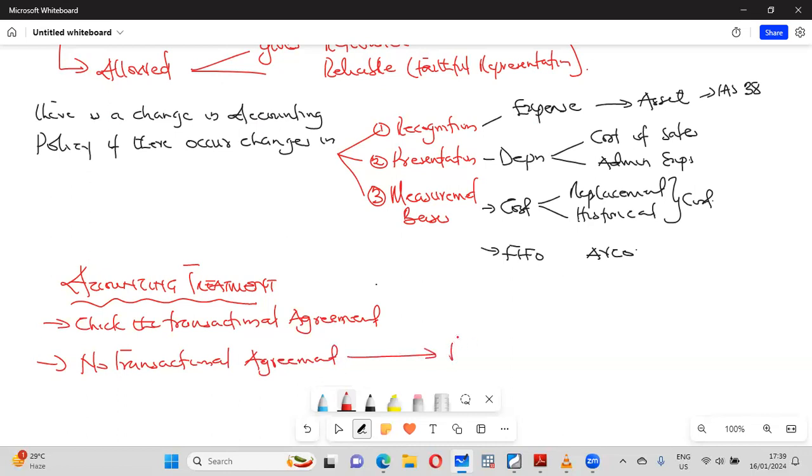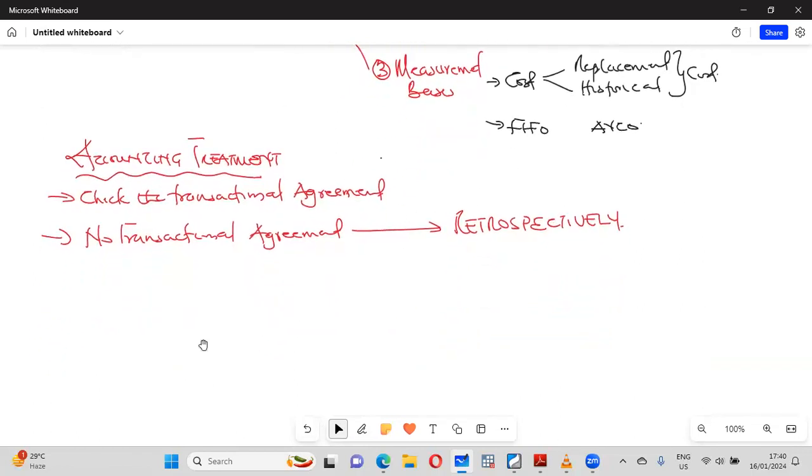Without a transitional agreement, the change is applied retrospectively. What do we mean by retrospective? Go back and make the changes. We are not saying go back and prepare the entire financial statement again, because the financial statement has been prepared, signed, sealed, and delivered. You cannot go back and re-prepare. But what you can do is go back and see the effect if the last year's financial statement had been prepared according to the new change.